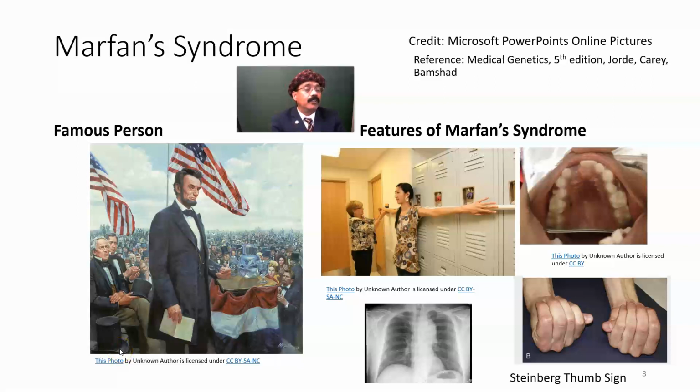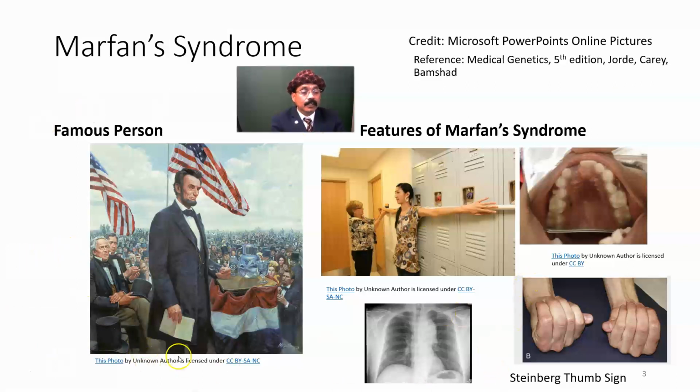Rupture of the dissecting thoracic aorta, rupture of the descending thoracic aorta due to aortic dissection, due to medial myonecrosis of the tunica media of the aorta. There will be a dissecting aneurysm of the aorta involving the descending thoracic aorta, and that may rupture and lead to death. In around 30 to 35% of cases, rupture of the aorta is the cause of death in Marfan syndrome.